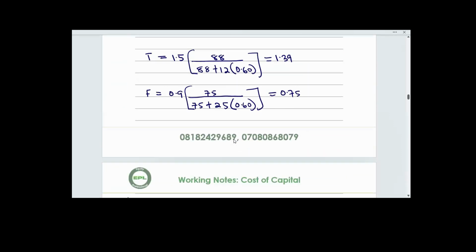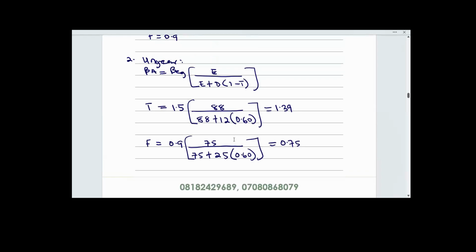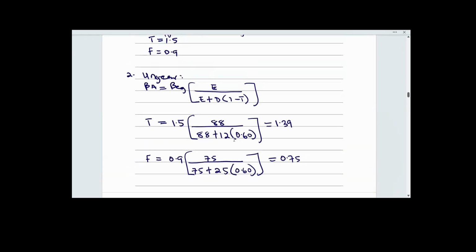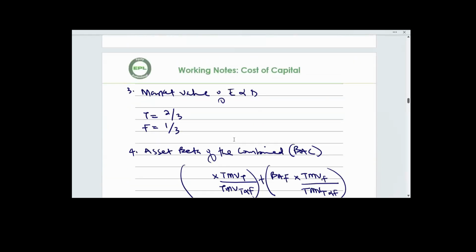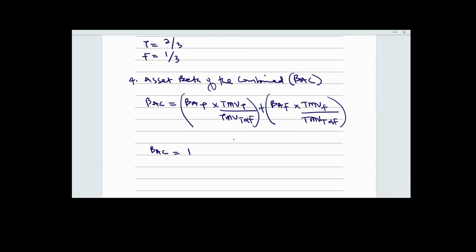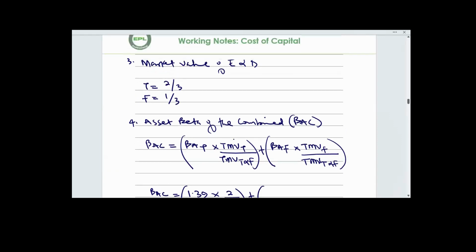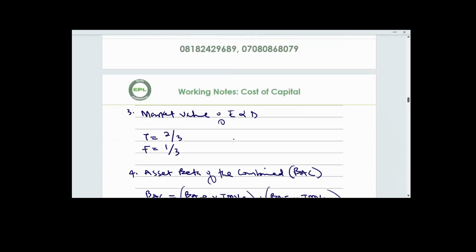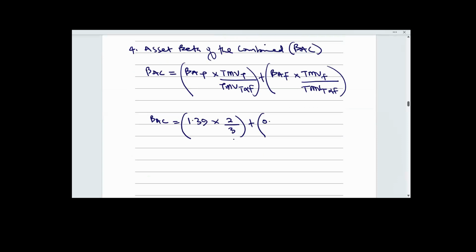We got 1.39 for training. That's what we have ungeared. Market value of equity and debt of training, the examiner told us 2/3. So this will be 2/3 on one side plus beta assets of financial service, 0.75, multiplied by 1/3. That's it.